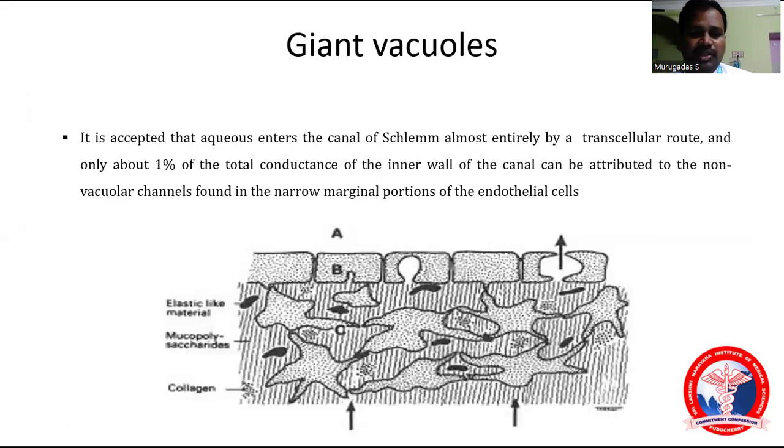It is accepted that the aqueous enters the canal of Schlemm almost entirely by transcellular route, and only about 1% of the total conductance of the inner wall can be attributed to the non-vacuolar channels found in the narrow marginal portion of the endothelial cells.